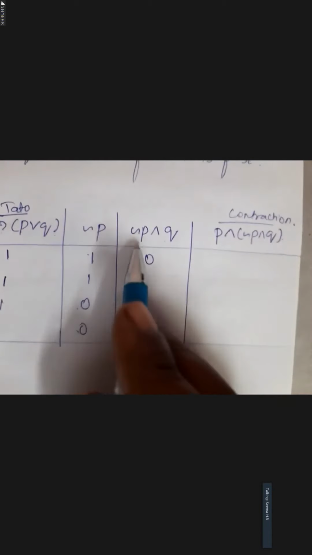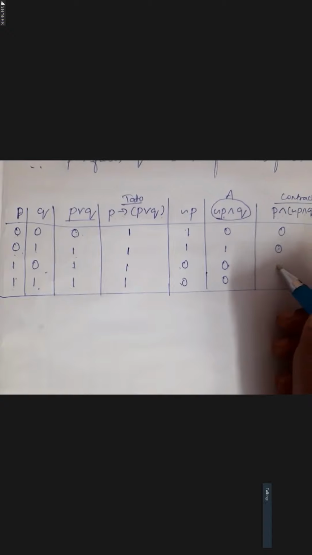Now consider P and negation of P or Q. So negation of P or Q I have already found out. Let me check with P and this term. Let me call this as A. P and A: 0 and 0, 0. 0 and 1, 0. 1 and 0, 0. 1 and 0, 0.